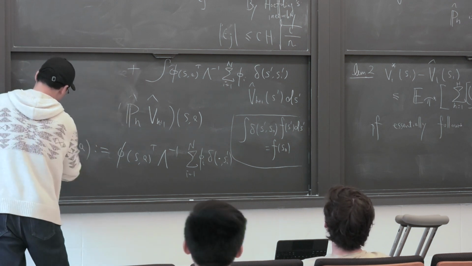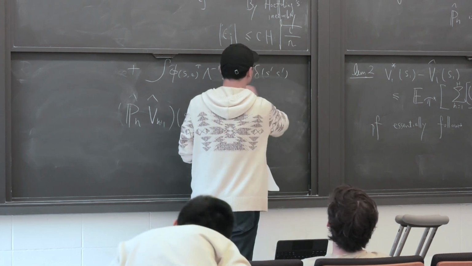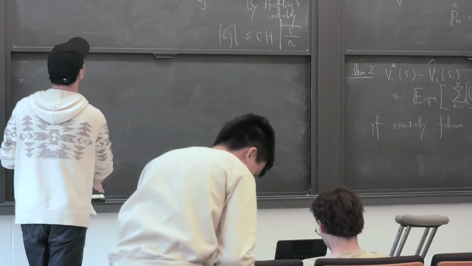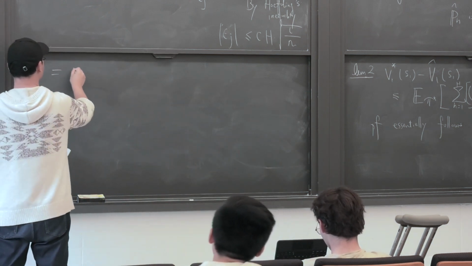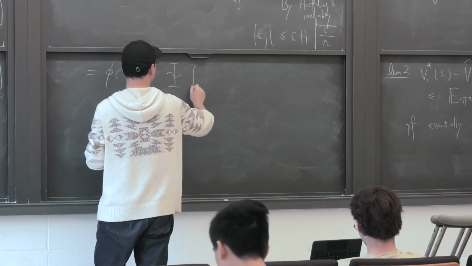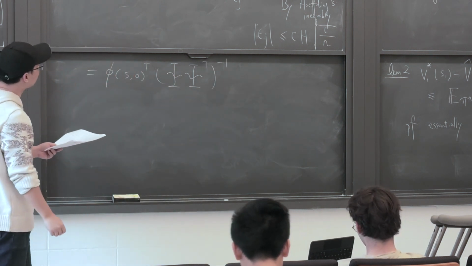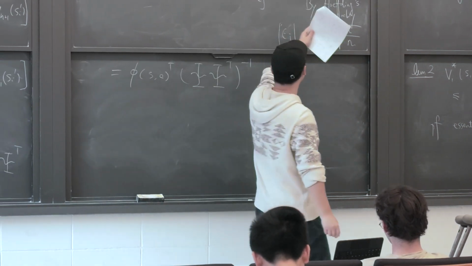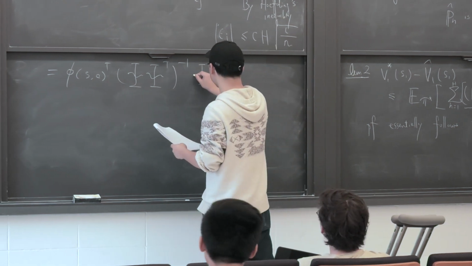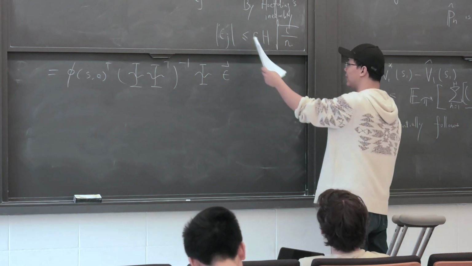So we're almost done. Putting everything together, this is equal to phi(S,A) transpose. We still copy the psi psi transpose inverse. And the later part, once we denote this concentration part as epsilon_j, we can also write it in matrix form, which is psi times epsilon vector, where the coordinates of the epsilon vector are epsilon_1 to epsilon_d.